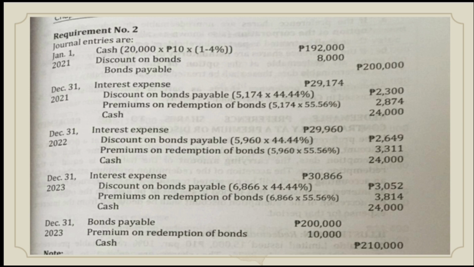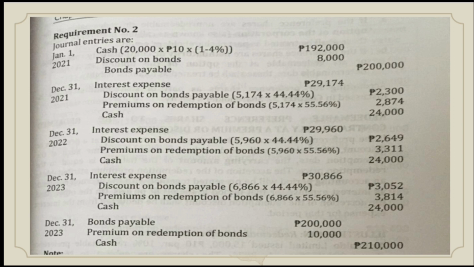So mao nang 200,000. So ang entry sa December 31, 2021 is debit interest expense nga 29,174. Imo na sa tan-awon diri sa amortization table. And then credit nga discount on bonds payable nga 2,300.